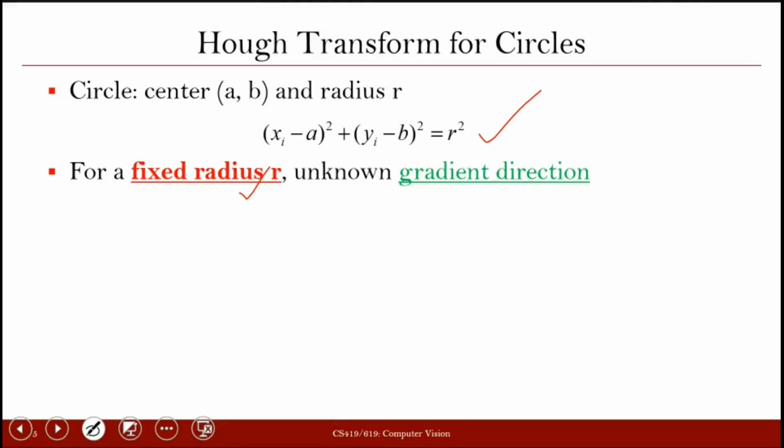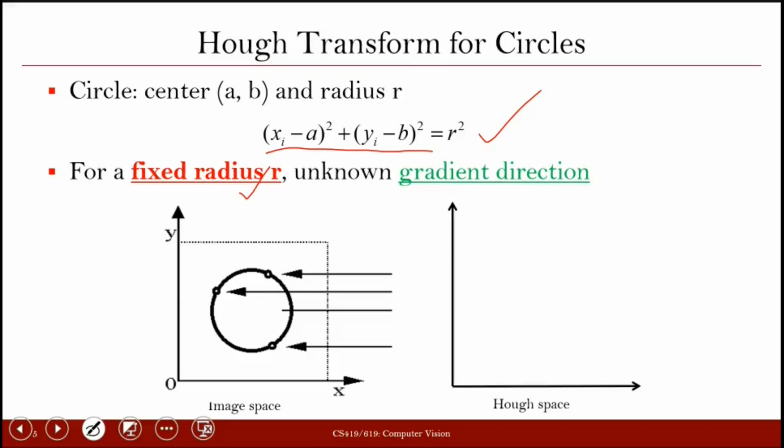If the radius is fixed, what are the parameters to be decided in this equation? There are only 2 parameters, A and B. These are the only ones to be decided. So in the parameter space, we will have only two parameters, A and B, as you see here. Right?